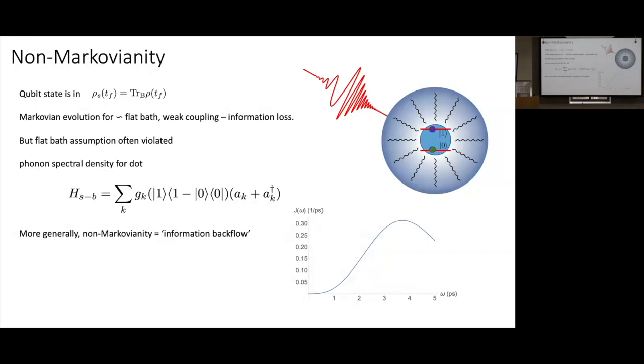It's not a flat bath. And this scale here is in inverse picoseconds. This is essentially also the time scale on which you want to do stuff to this thing, right? This is the time scale of an ultra-fast laser pulse. So there's no clear separation here between the timescales of the bath and the timescales on which you're trying to do the control.